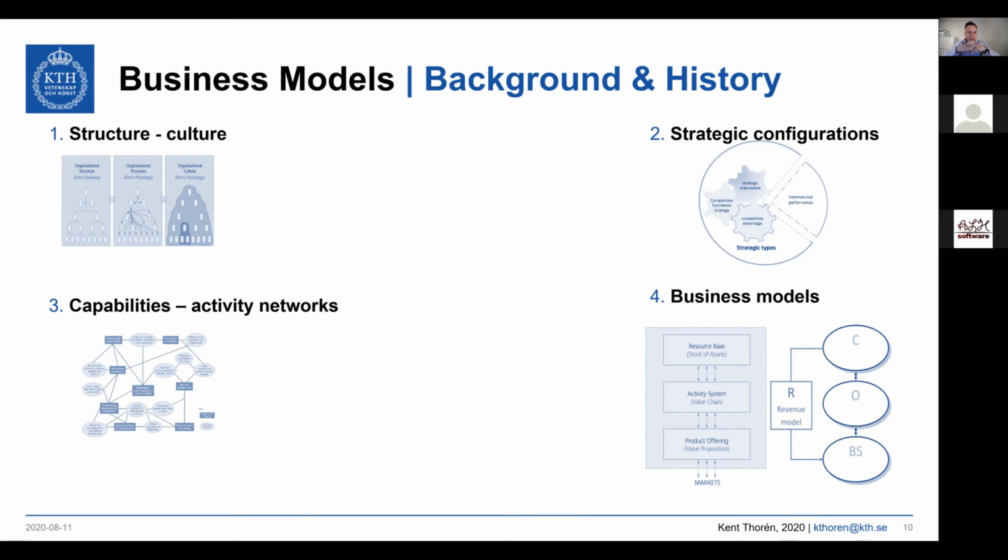So it's not so interesting to look at Volvo competing with Mercedes as two companies. It's more interesting now to look at the value proposition of the Volvo S60 compared to the value proposition of whatever Mercedes 300 series is, at the choice for the same customers.